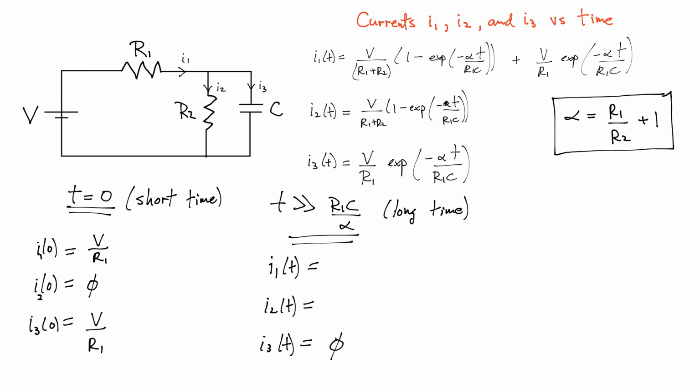Again, at a very long time, for I2, the second term here vanishes, goes to 0, but you're still left with that first term. So that's V divided by R1 plus R2. And I1, on the other hand, you're going to simply obtain the same thing as I2. And this is what we previously had, just analyzing the simple circuit by taking appropriate limits. But you can see that our equations actually satisfy those two time limits.